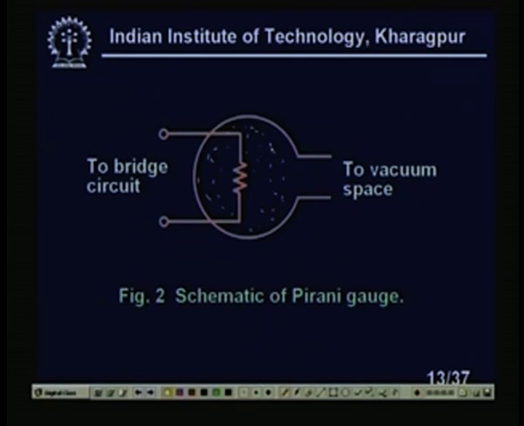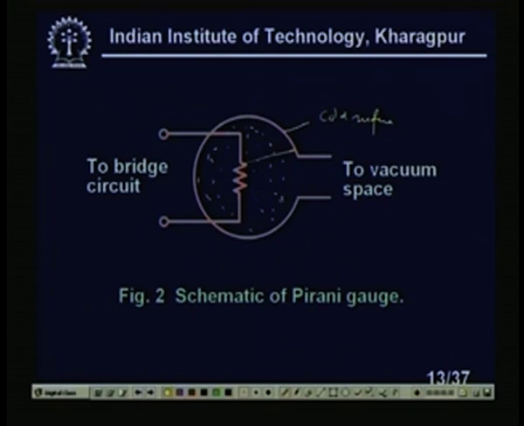The molecules will hit and come in contact with the heated filament, and due to random motion will take heat away, and this surface is a cold surface compared to the heated filament. So the heat will be taken away in this direction.